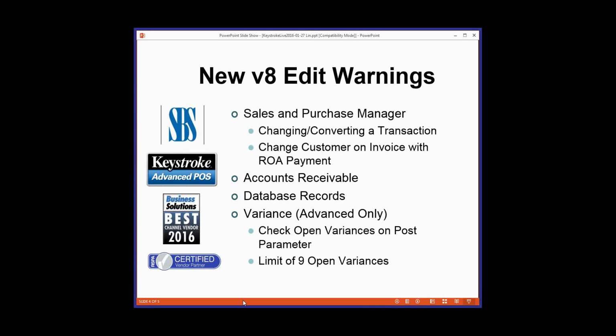There's a parameter in variance now that you can check that when you go to post a variance, it will look for other open variances, whether they're currently open and being worked on right now, or whether they've been opened and saved for somebody else to go back to check to see if any of the items on the variance being posted are on the other variances. There is a limit here of about 9 open variances.